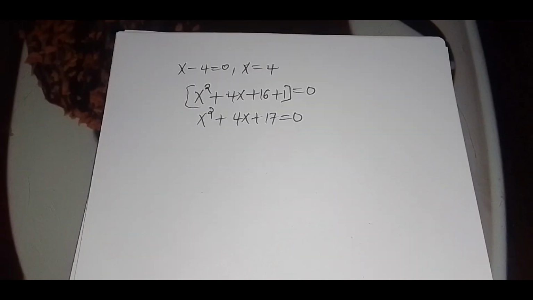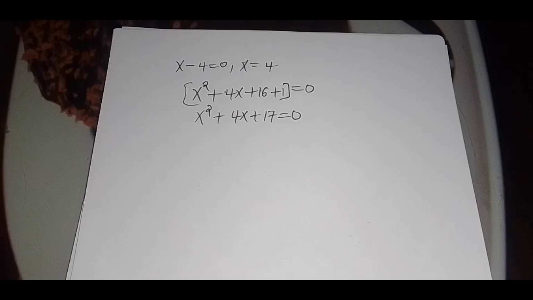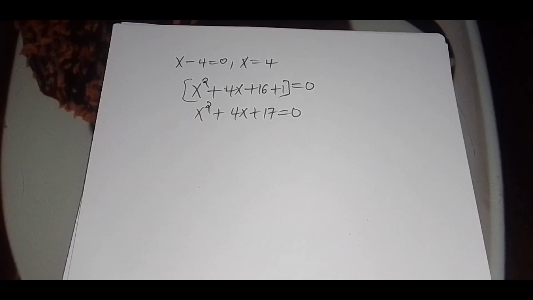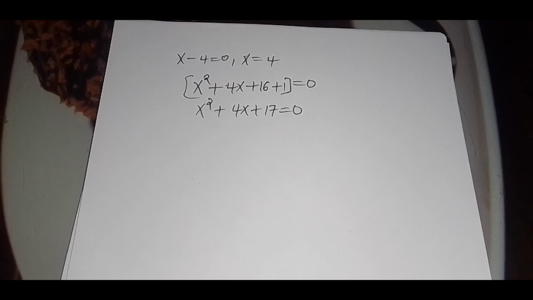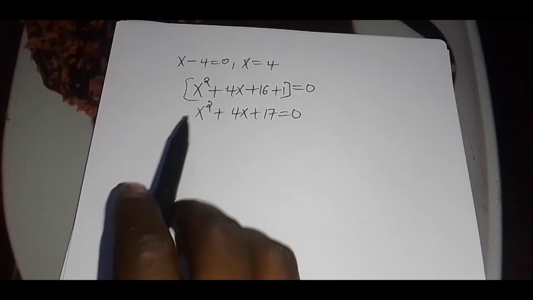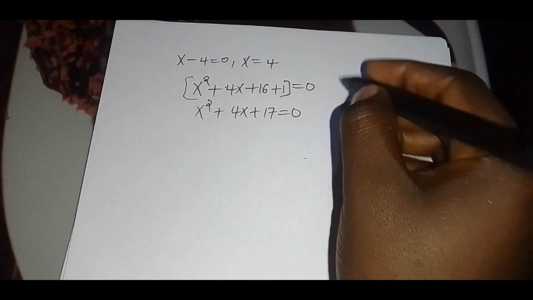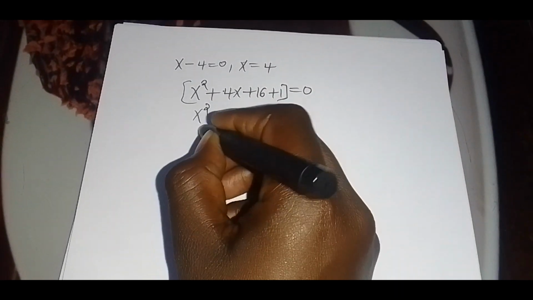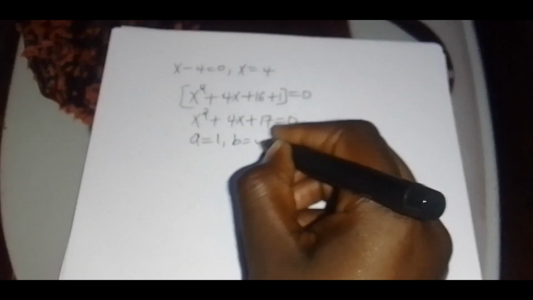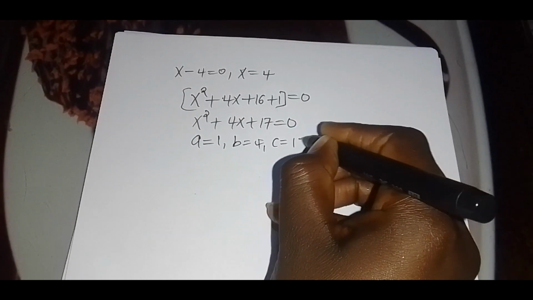The first root comes from x minus 4 equal to 0, which means that x is equal to 4. Now we have the quadratic equation x squared plus 4x plus 16 plus 1, which is x squared plus 4x plus 17, with a equal to 1, b equal to 4, and c equal to 17.